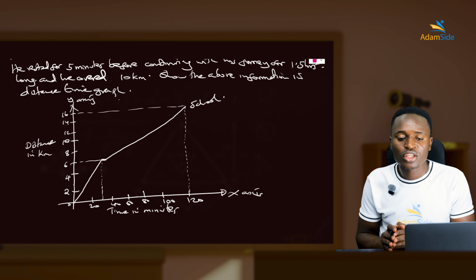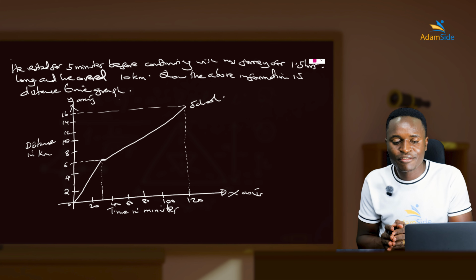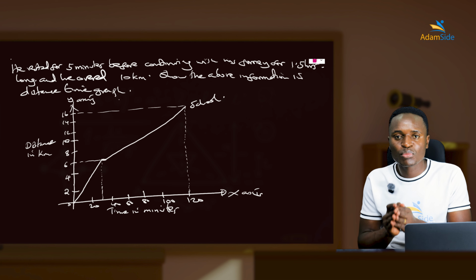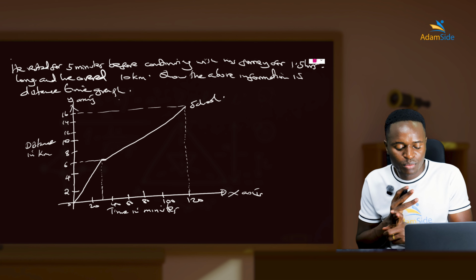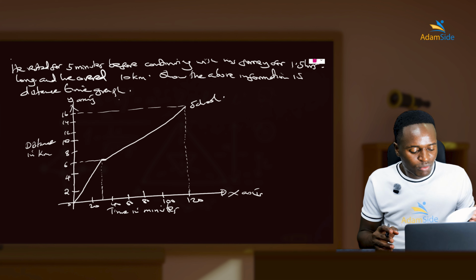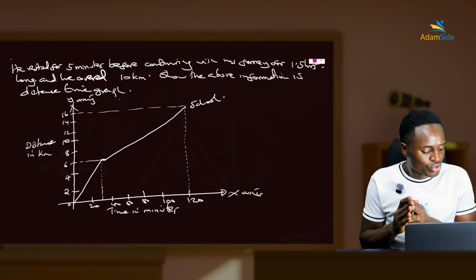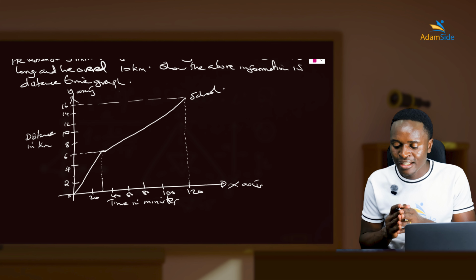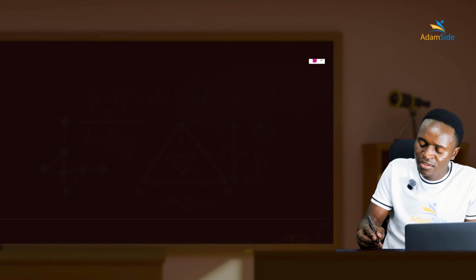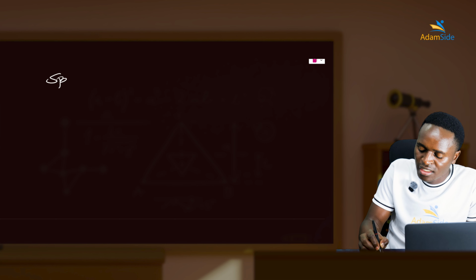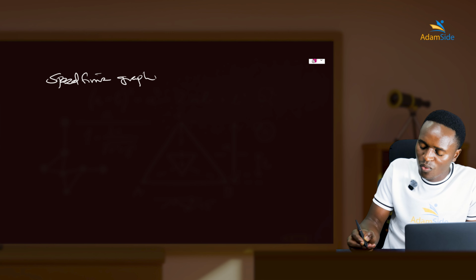So champion, you will kindly solve the following questions in the same unit. You'll be given distance time graph questions, and I want you to solve with the knowledge behind it, because from the distance time graph you have the speed time graph, whereby speed is distance divided by time.